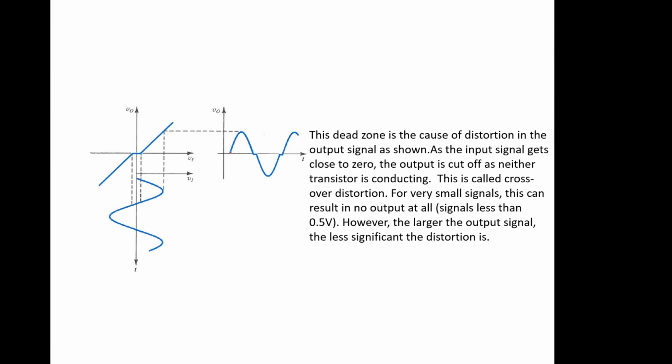So you can see that, which basically means 0.5 of a volt either side of this, nothing happens. So it has to rise to 0.5 before anything happens, then it rises and follows it quite linearly. Gets to about 0.5, one transistor switches off but the other one hasn't switched on yet, so you get a flat zone, and then when the input signal drops below minus 0.5 or so, the other transistor starts to conduct, and we get this thing called crossover distortion.